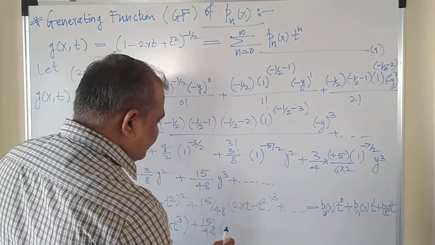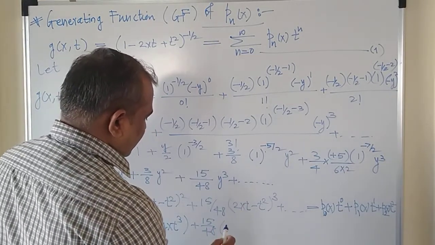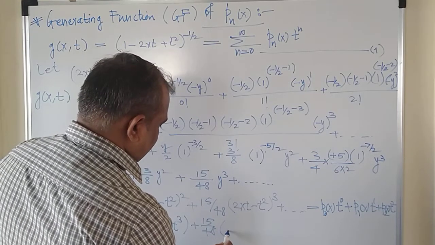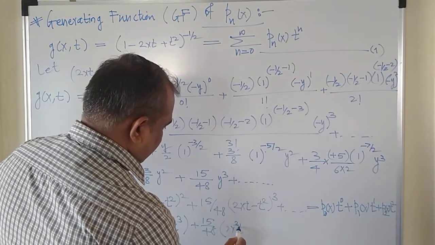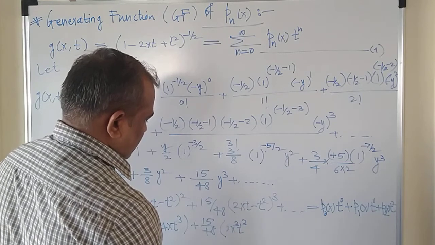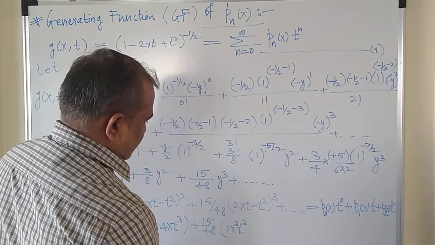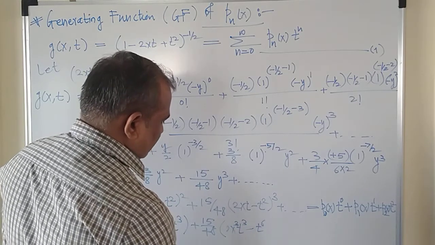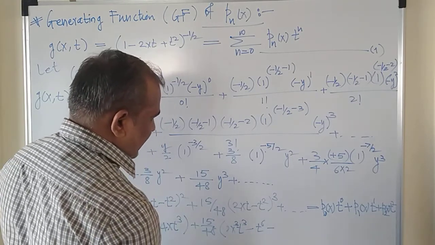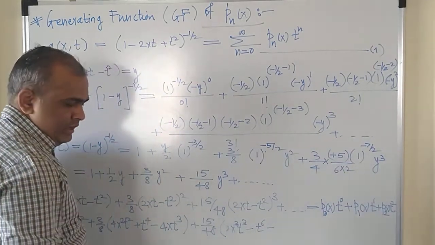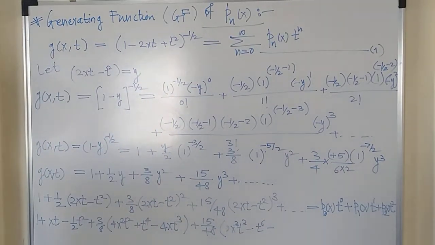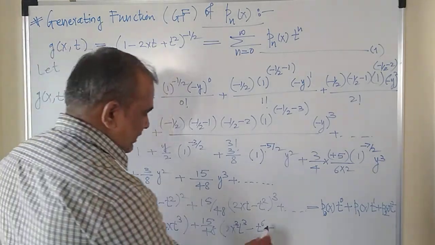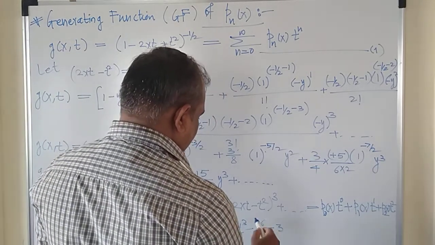So a cube will be 2xt cube, so 2 cube is 8, x cube t cube, minus b cube is t raised to power 6, minus 3 times ab square, minus 3 times a square b.